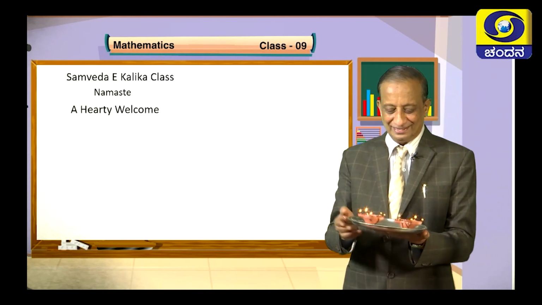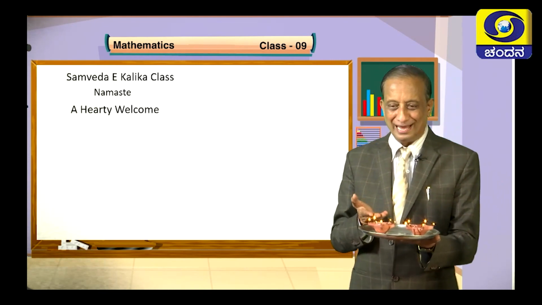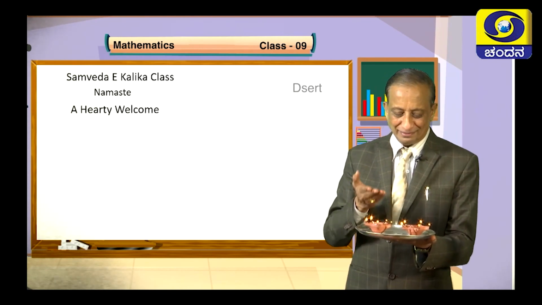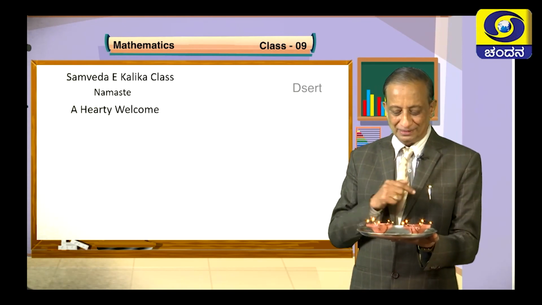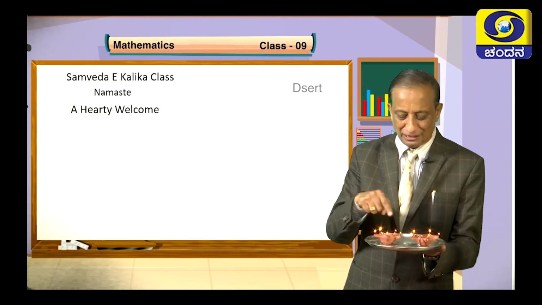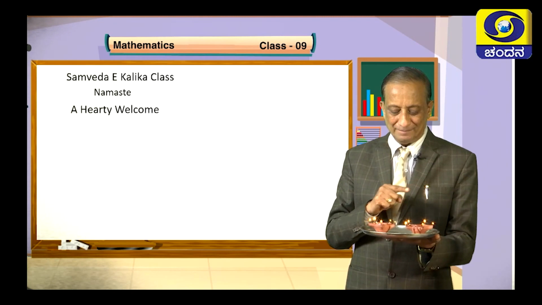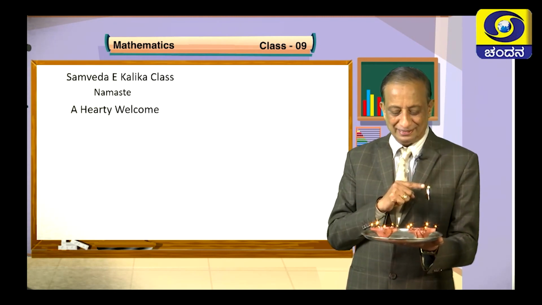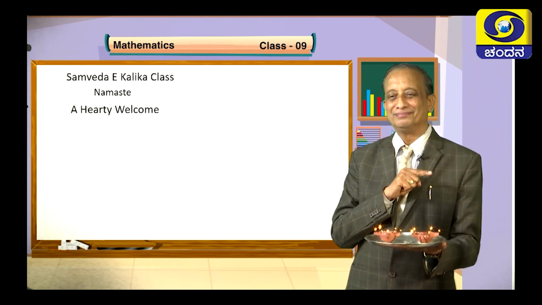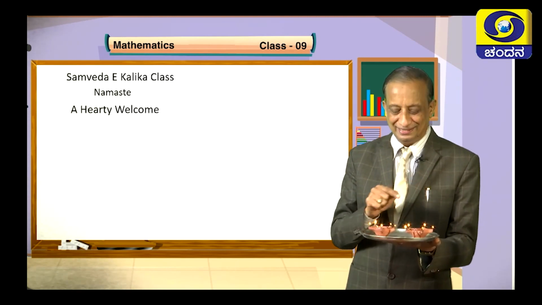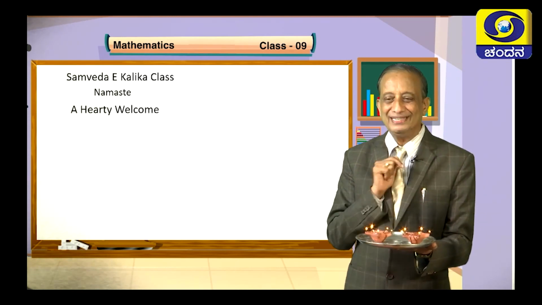Children, look at these mud pot lamps. Both of them have the same shape. They are in fact pentagonal shapes. They have the same area, same color, same volume also. In fact, they have the same mass, 61 grams each.